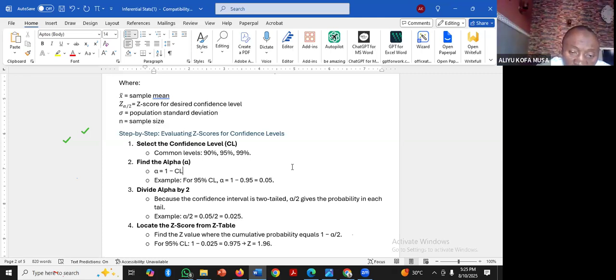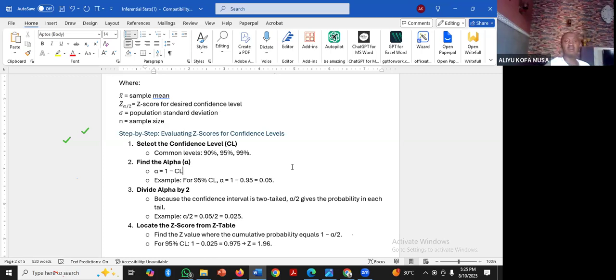So you subtract 0.9 from 1. See the example below. For a confidence level of 95%, my alpha is equal to 1 minus 0.95. So my alpha here is 0.05.